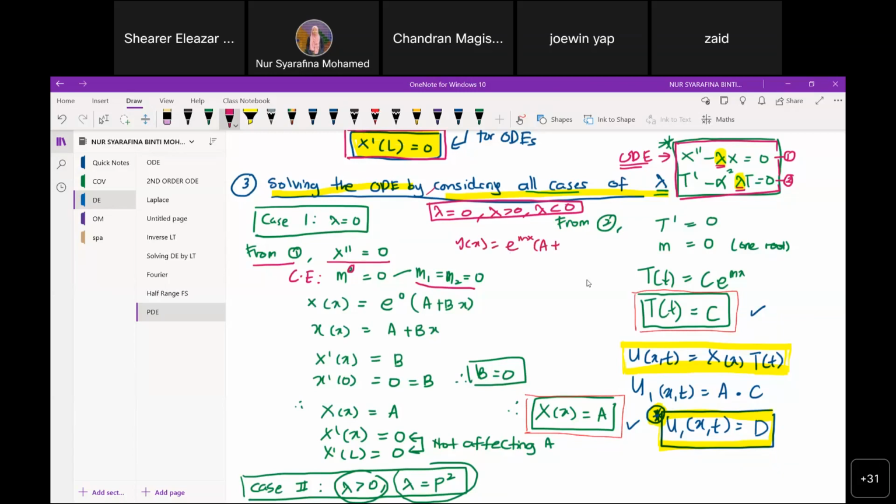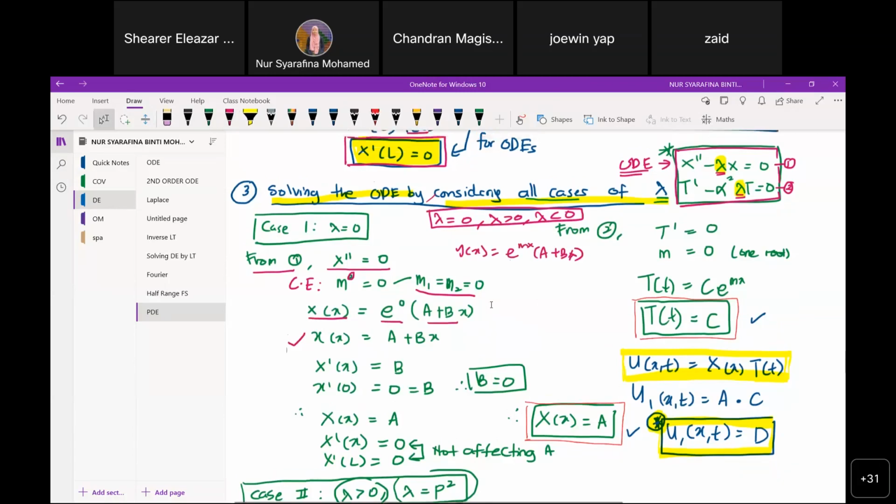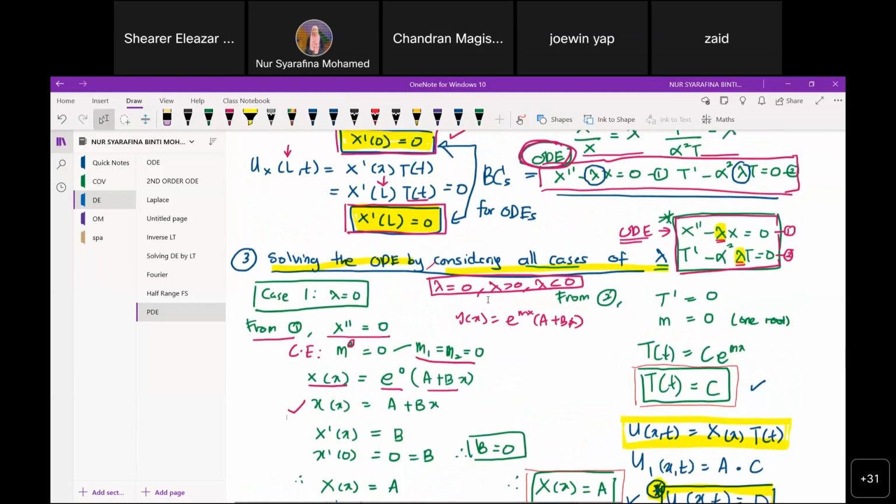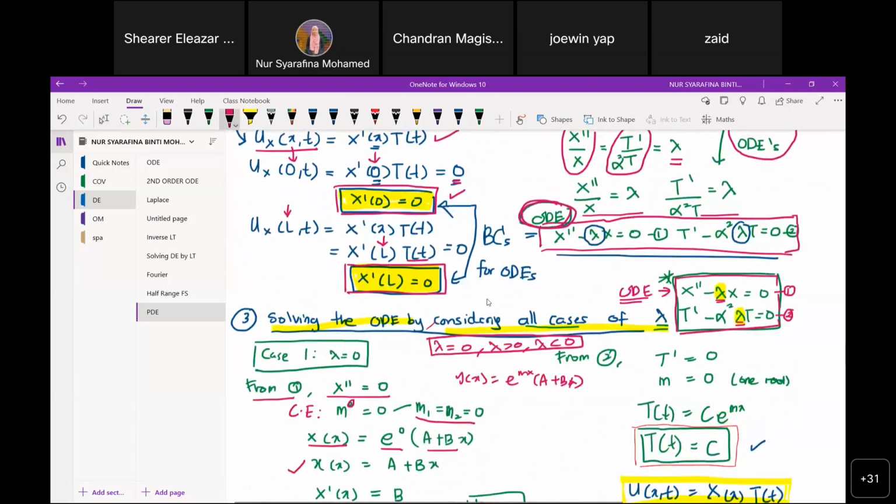Of course, if you have real and equal roots, the solution becomes e^(mx)(A plus Bx). Remember, our expected solution should be X(x)T(t). So for X, m is now 0, e to the power of 0, so X equals A plus Bx. This is the general solution for X. Now remember our boundary conditions: X'(0) equals 0 and X'(L) equals 0.